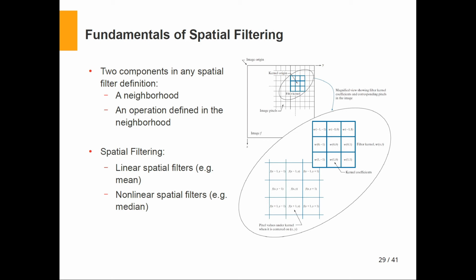We can define a central point, but not necessarily a certain pixel. So here you see an example of a 3 by 3 neighborhood, and for each one of them, as I said before, we define a weight that is associated with that location in the kernel. So now let's say we apply this kernel onto this region of the image.